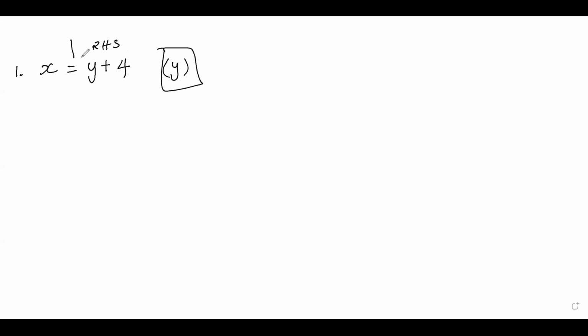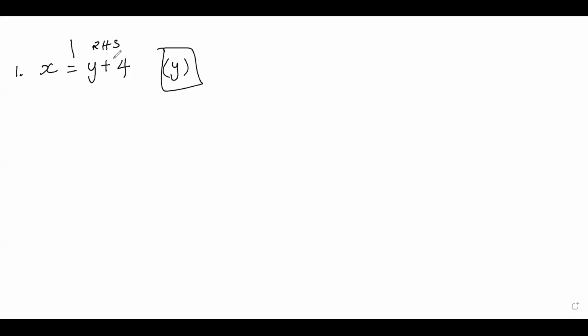How many letters or numbers do you have on the right-hand side? 2. What are they? Y and 4. And what are you finding for? Finding for y. So that means you have to get rid of what? The 4. You have to get rid of 4.